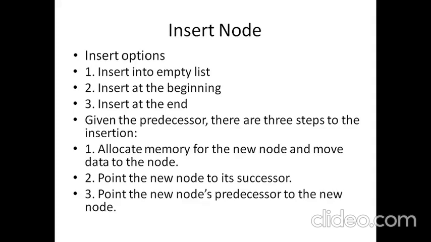So please keep in mind the usage of these two terms, predecessor and successor. It will be helpful in our discussion. Predecessor is the node that is going to be coming before the new node. So the new node is going to be inserted after the predecessor node, and the successor is the node that is going to be following the new node. The one that comes after the new node is the successor.